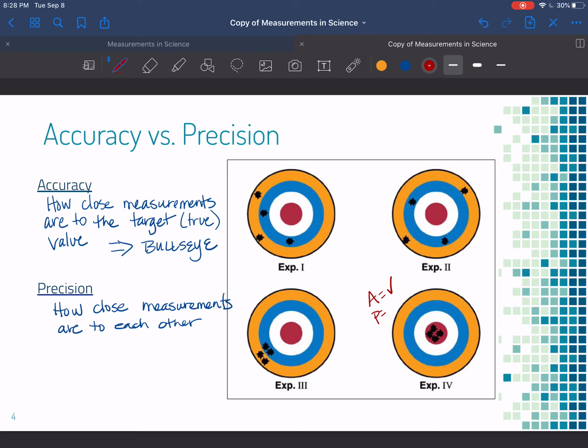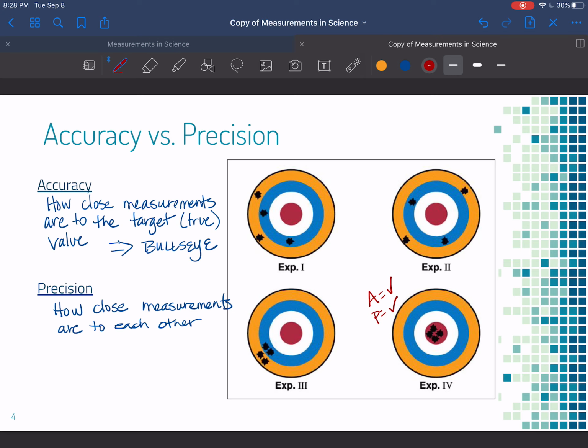If we evaluate how close they are to each other, or the precision, well, all 4 of those darts are sitting really close to each other in the bullseye. So for example 4, those darts are showing high accuracy and high precision. And that is the goal. High accuracy, high precision. Measurements that are repeatable and are always accurate or close to the targeted value.